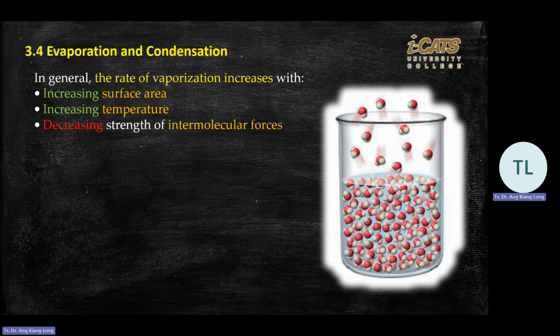So just prepare: if the question asks what can affect or decrease the rate of vaporization, you need to reverse all this. The rate of vaporization decreases when you decrease the surface area, when you decrease the temperature, and when you increase the strength of intermolecular force.